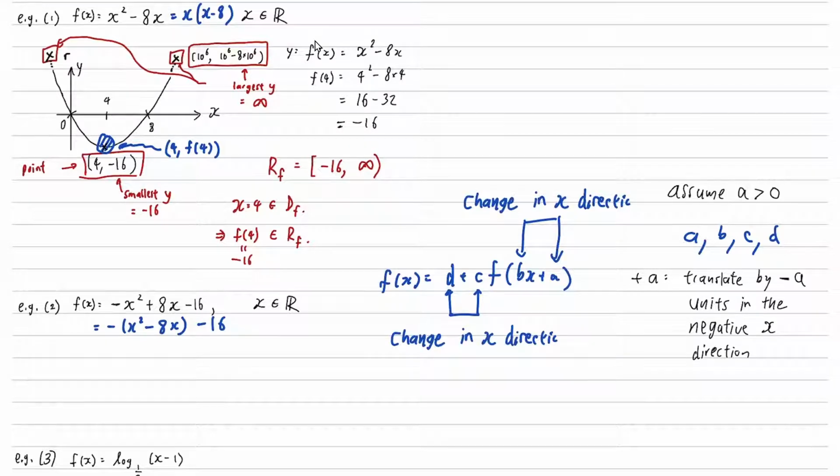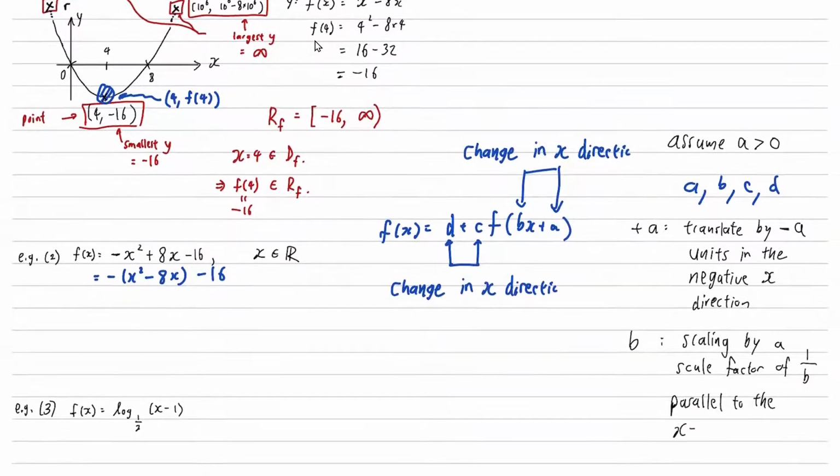Then for the b, multiplied to the x, that means that you are scaling the graph f of x by a scale factor of 1 over b, parallel to the x direction.